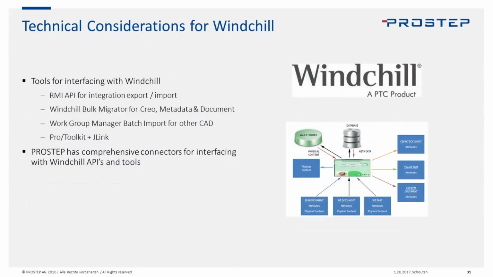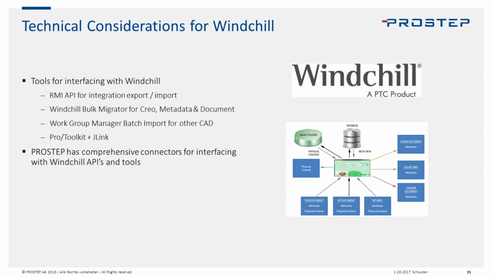For Windchill, RMI is I think the core interface. There's also legacy WebJets and other things. They provide a bulk migrator for Creo and metadata and other documents, and we have a controller that we can use to load that bulk migrator from your legacy system.